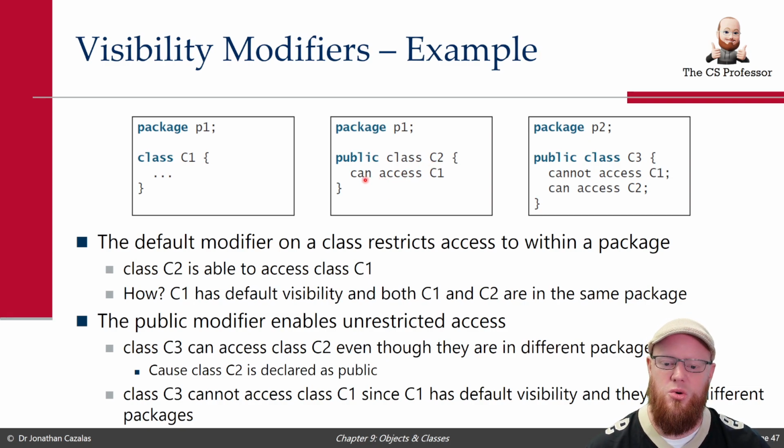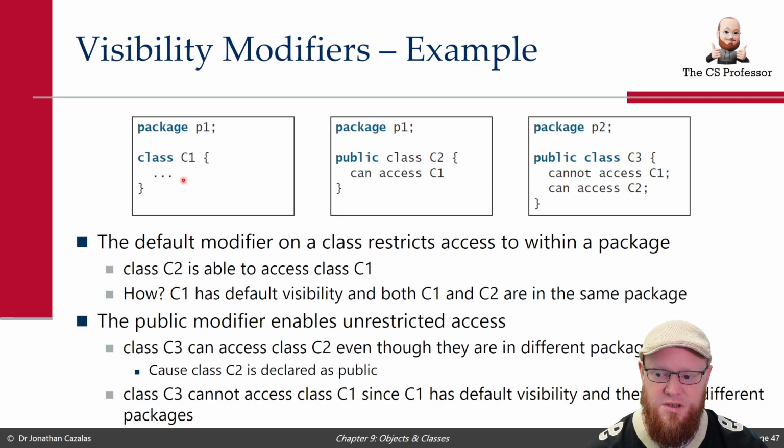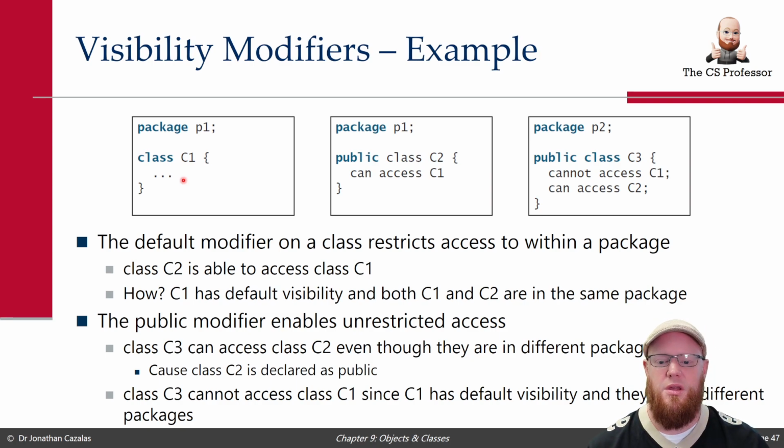Class C2 is able to access class C1. Why is it able to? Because C1 has default visibility, and both of those classes, C1 and C2, both those Java files, are inside the same folder. They are inside the same package. So therefore, class C2 can access class C1.